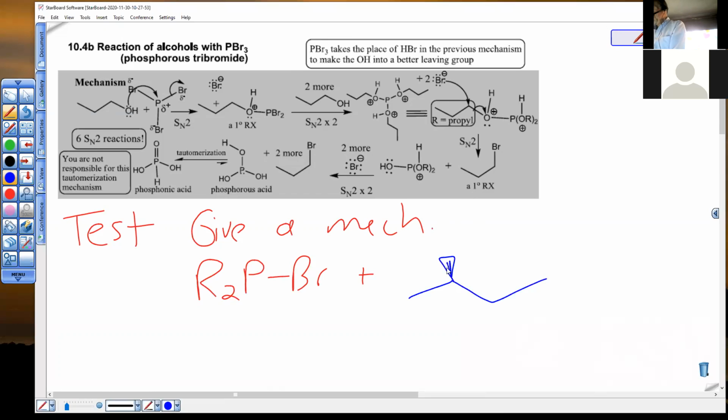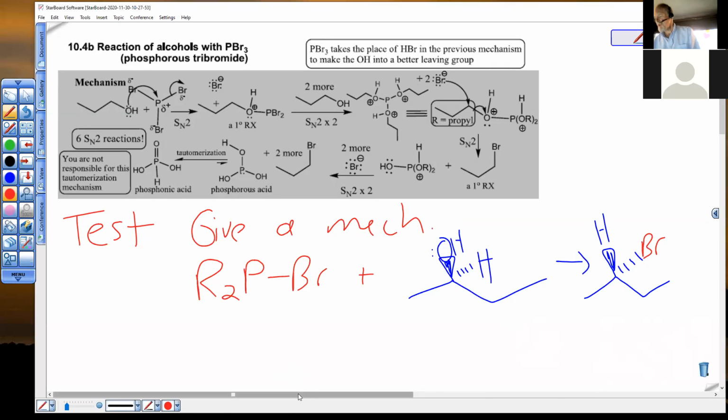Let's do an interesting alcohol. It's a chiral alcohol. It doesn't look much like an alcohol, does it? And when you're done, you have an H there and a Br here.